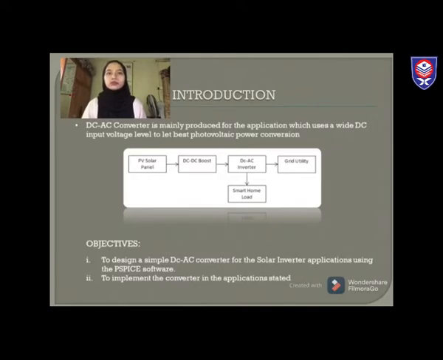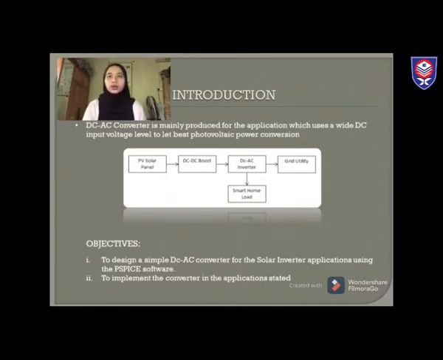Solar inverter is a renewable energy application which uses the photovoltaic panel by mounting it on the roof of the house or building and also uses solar energy. The output of the solar panel is connected via the DC AC converter to the mains in order to convert DC to AC voltage, which can be used in home appliances that usually run on AC.